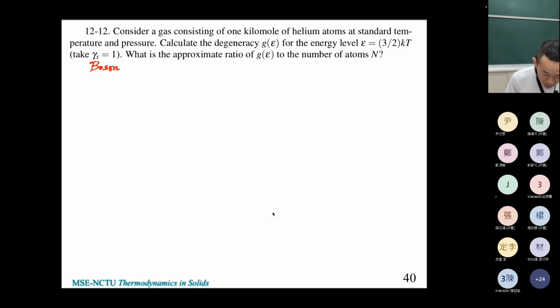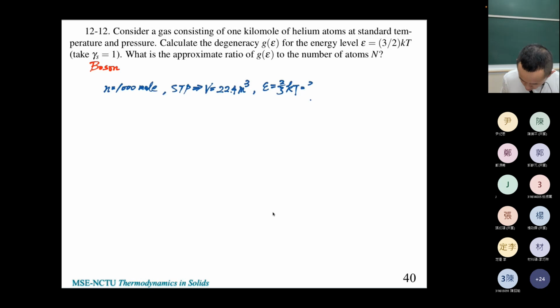N equals 1 kilomole, and STP tells us V equals 22.4 cubic meters, and epsilon equals 3/2 kT, which is 3/2 times 1.38 times 10 to the minus 23, times 273, equal to 5.65 times 10 to minus 21 joule.